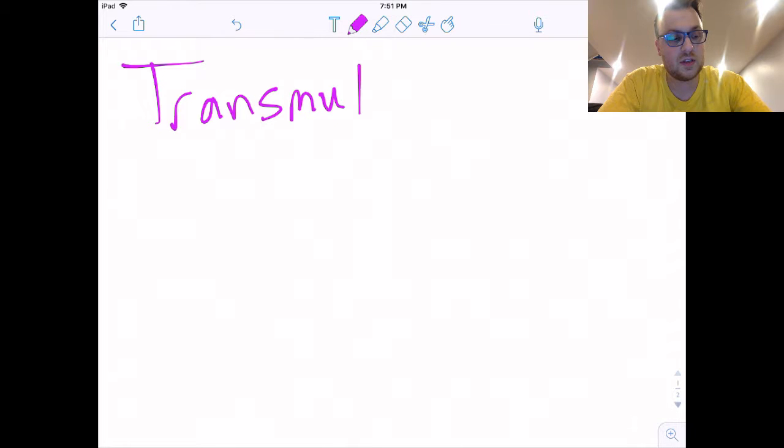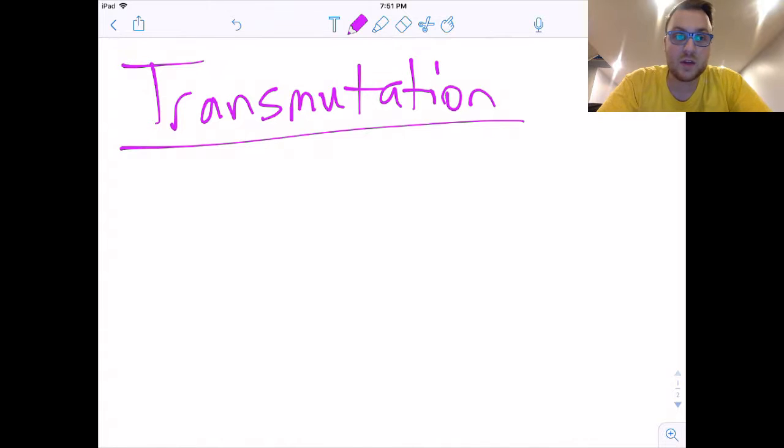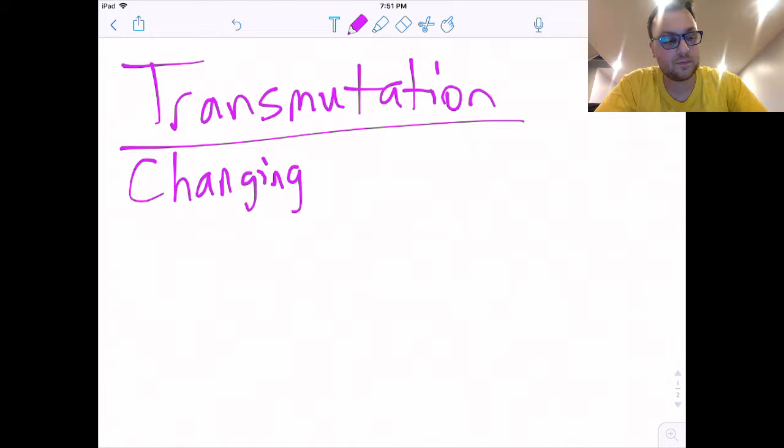Nuclear chemistry is literally the chemistry of the nucleus of the atom. You're changing the nucleus. So a transmutation is all about changing atoms, which is much different than what you've been seeing.